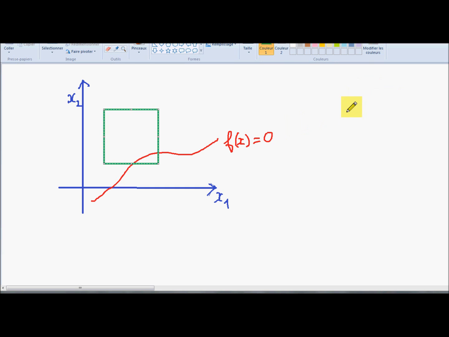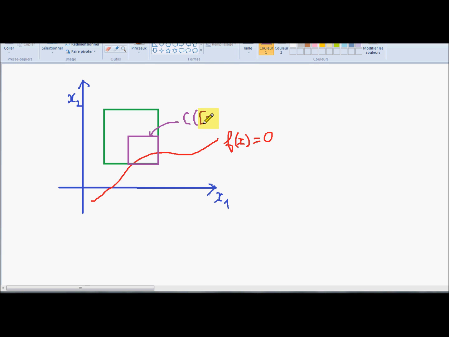And a contractor is an operator which associates to a box, here the green box, another box. I will paint it with this color. This box will be the contracted box, so C of x.